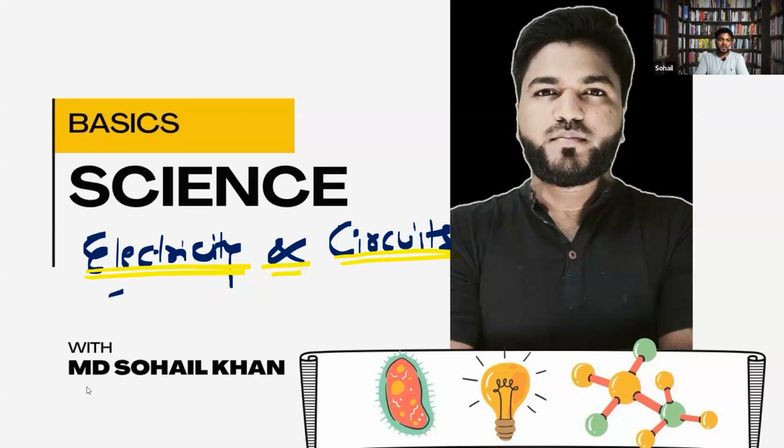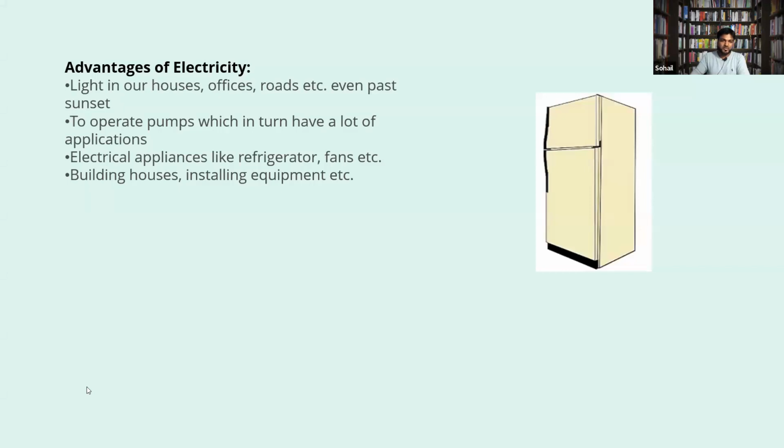By the help of electricity, we are able to run a variety of appliances like fans and a refrigerator. There are different electrical appliances that run on electricity. But the question is, what is electricity?